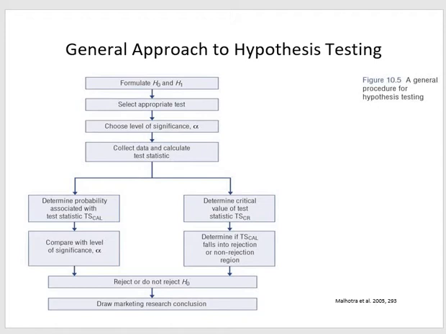Similarly, determine critical value of test statistic. You should satisfy at least that critical value to say that this test is successful. If I am saying that I am going to perform certain test, then I should decide some critical value.